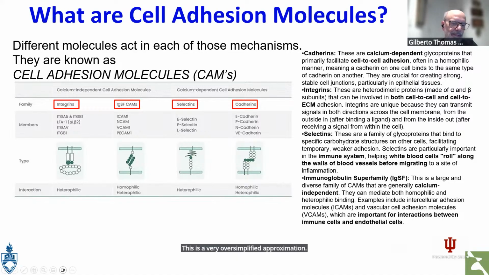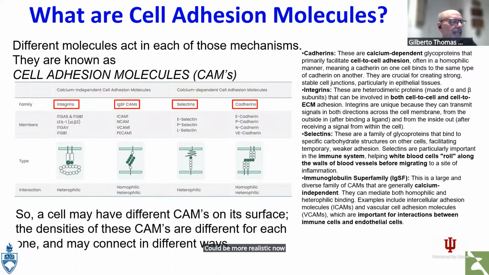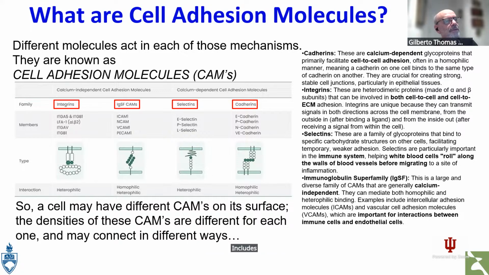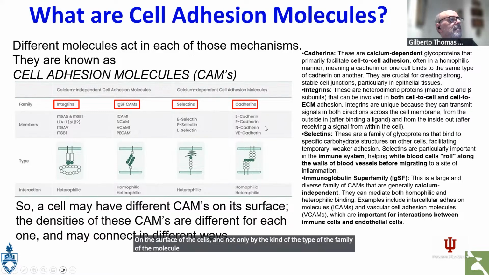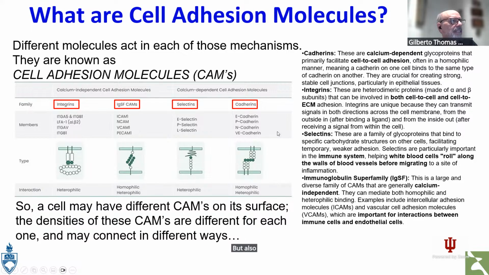So you can try to be more realistic now and include a way to make some difference among CAMs on the surface of the cells. And not only by the type or family of the molecule, but also by the amount of receptors and junctions that exist over the cell surface.